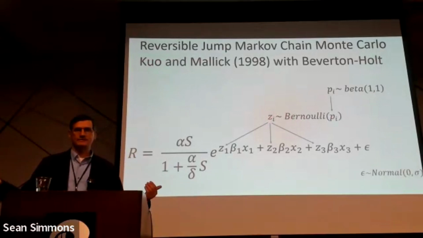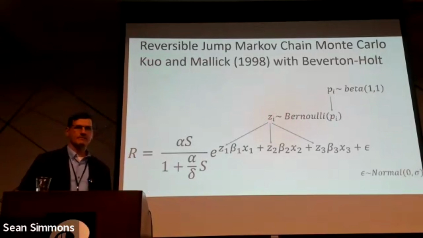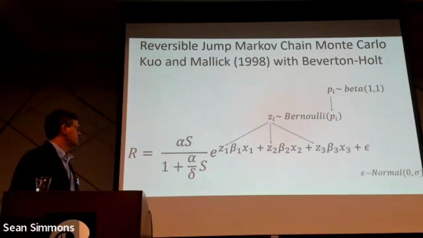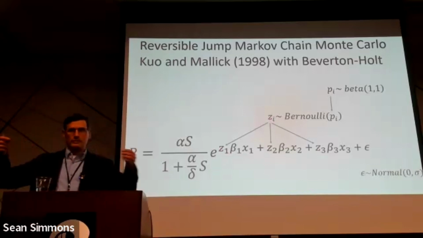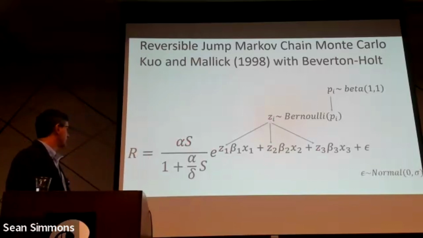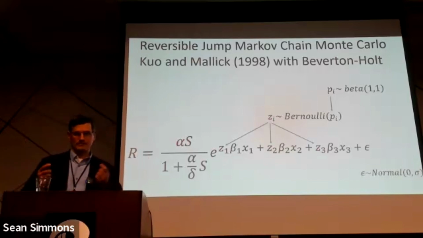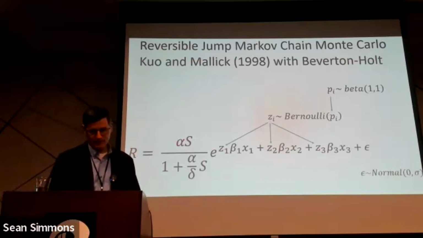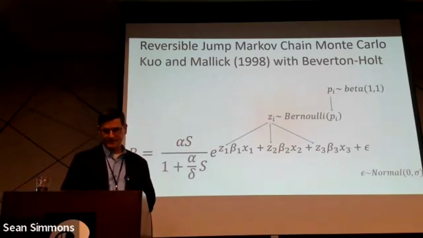And MCMCs don't often just give you that, but reversible jump will. So we can draw the z for this and that, and all of them, they will be drawn independently from one another. And the corresponding values of the parameters are going to be unaffected by the choice of the z's. Let me just show you an example of this.